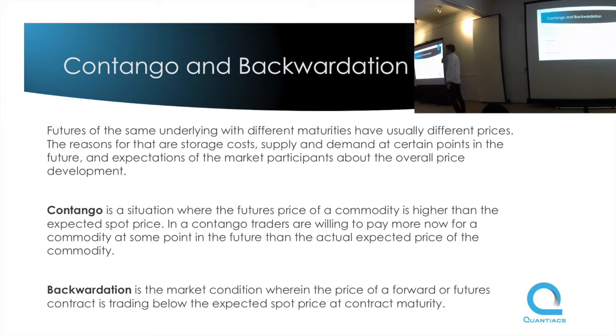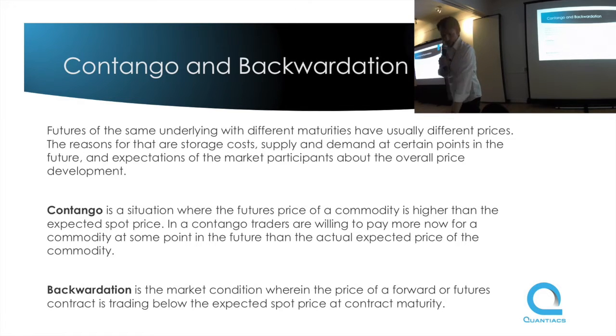If you have crude oil and if you sell it in June, you have to store it until June. So this storage process costs you money to put it in a warehouse. So if you sell it in June, you usually sell it at a premium over, for example, March. This is called contango.